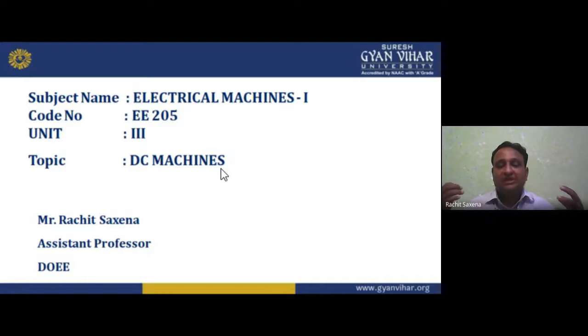So we can write B equals phi by A, A equals phi by B, and phi equals A into B, area into flux density. Flux density represents how much flux we have, and how dense the flux is in that part.